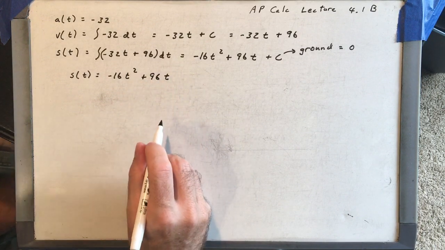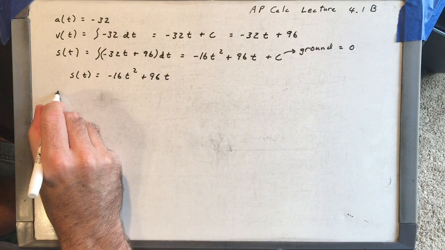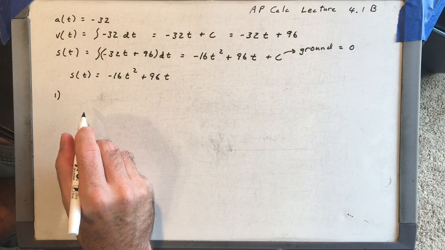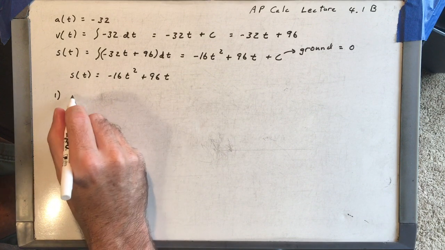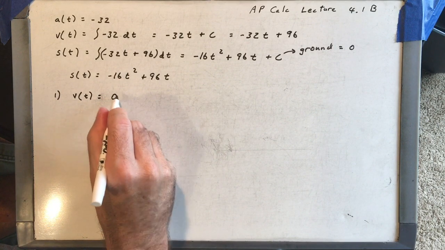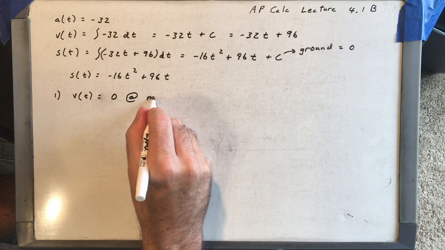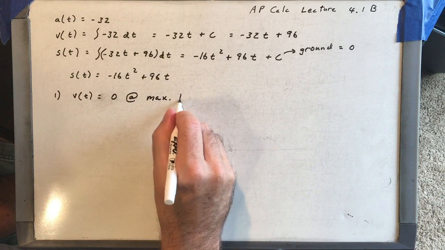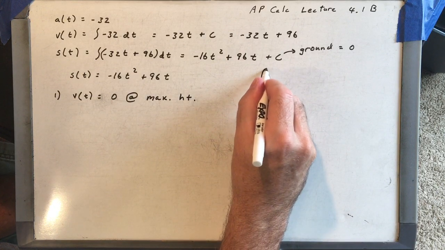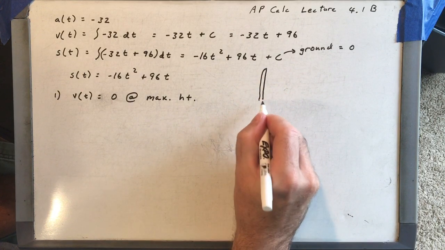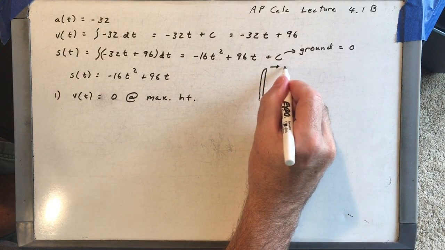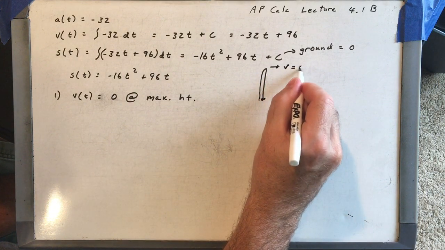All right, now we can answer the three questions. Number 1, how long is the ball in the air? Well, we know that velocity is equal to 0 at maximum height, because it's going straight up in the air and then coming back down, right? So remember from physics, velocity equals 0 at that point.